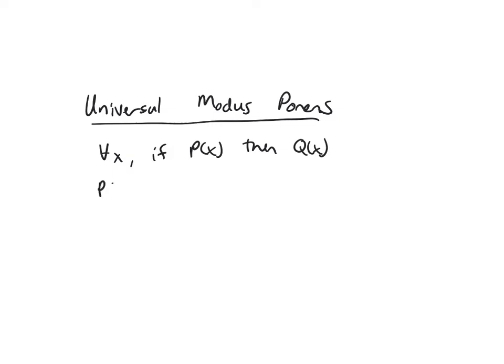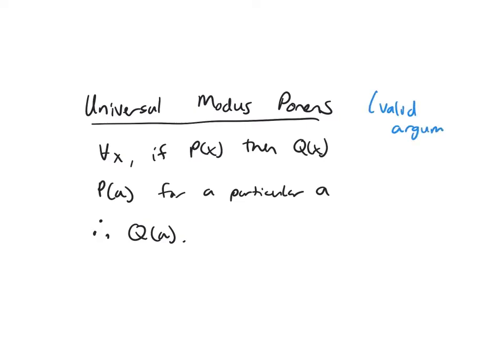Here say P(a) for a particular a, therefore Q(a). And remember, before modus ponens was valid, universal modus ponens is also valid.